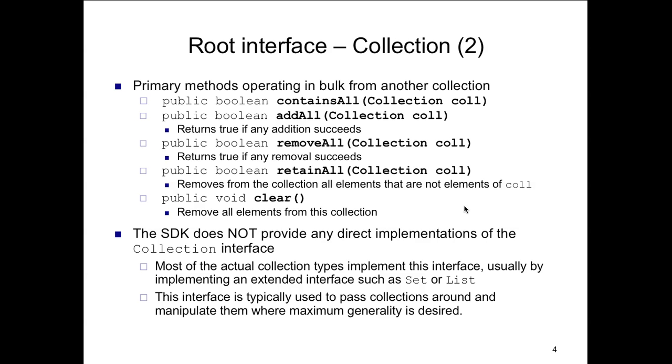And most of the actual collection types implement this interface, usually by implementing an extended interface, such as set and list. So we have extended interfaces built on the root interface. And as we go through the extension, just like inheritance, extending one interface from another, we start building.